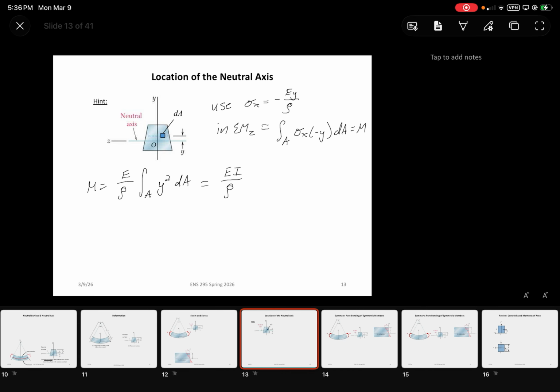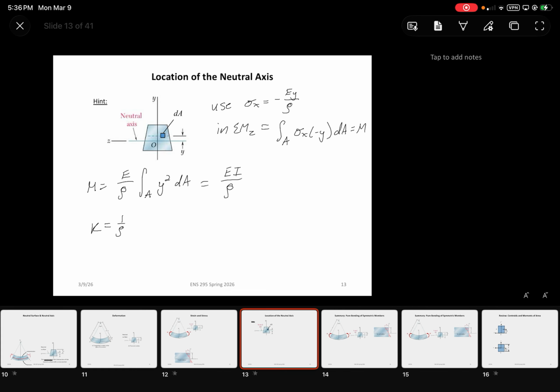Now, some of you may have seen, who here's taken dynamics? Okay, some of you have. So hopefully you guys have seen the curvature equation before, where we define our K curvature equal to 1 over rho. Have you guys seen that before? In calc, not dynamics yet. Okay, I might be jumping the gun a little bit.